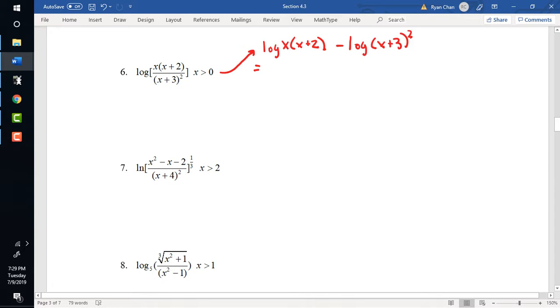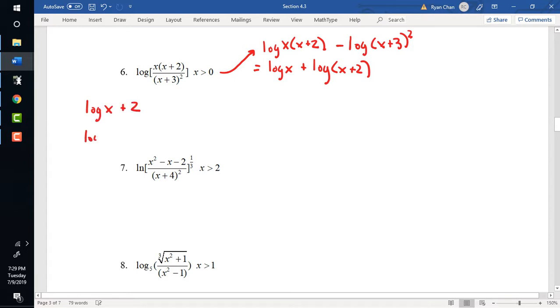So I notice x times x plus 2, this is going to be log of x plus log of x plus 2. Now I want to remind you guys, be very careful. So notice I put parentheses around x plus 2. The reason why is if I write it like this, notice this is very different.